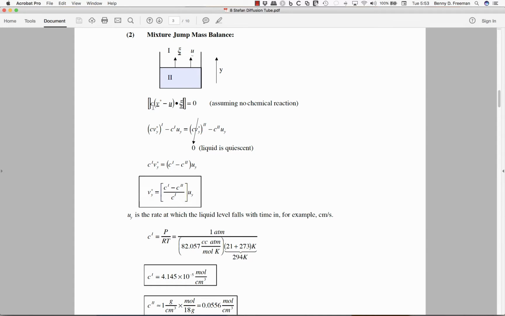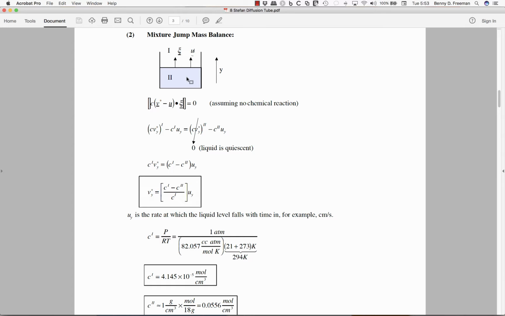So we write the mixture jump mass balance as we have before, assuming no chemical reaction, so there's no reactive term on the right hand side, and then we apply the standard definition, writing this term out on one side in the gas phase and setting it equal to its corresponding term in the liquid phase.